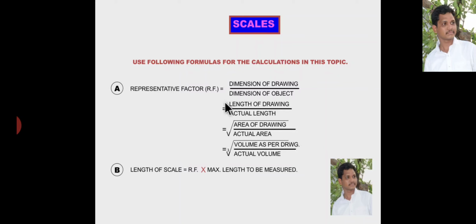So representative fraction is equal to size of object on drawing sheet divided by original size of object. Now length of scale is equal to RF into maximum length to be measured. Okay, these formulas are used in problems.